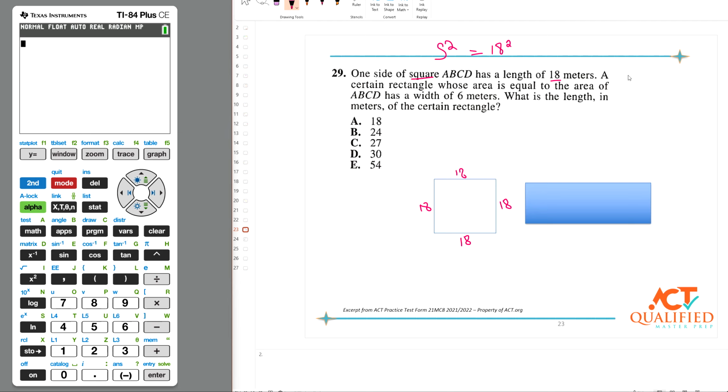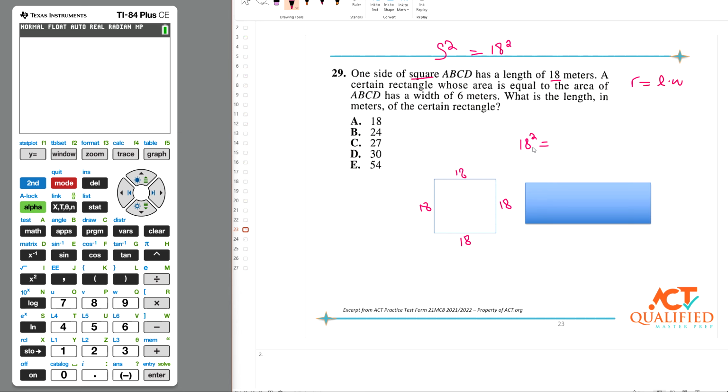Okay, so let's take care of the second portion. It says a certain rectangle whose area is equal to the area of ABCD. We know the area of ABCD is side squared, and the area of a rectangle is length times width.